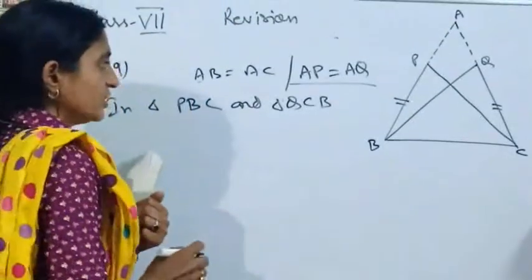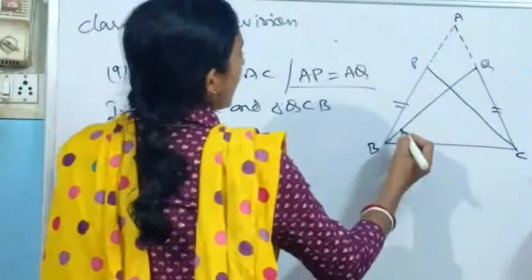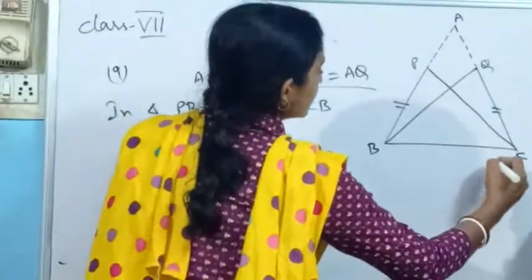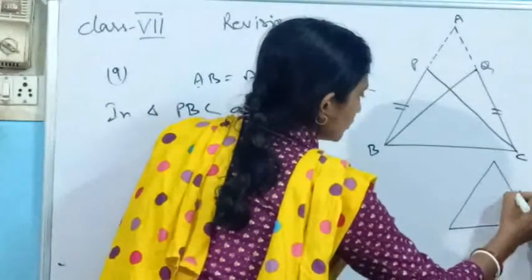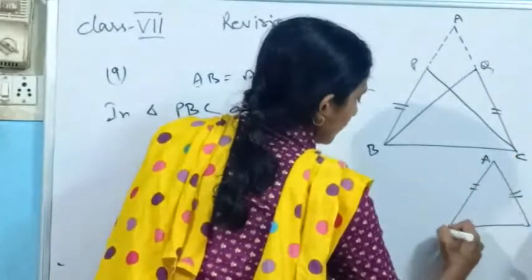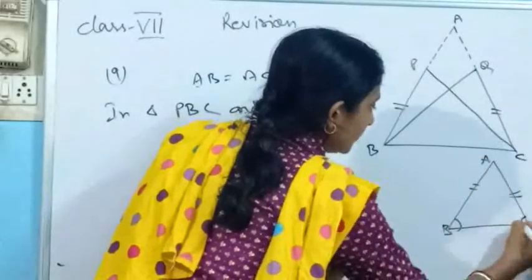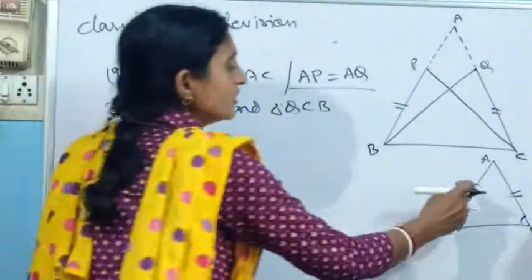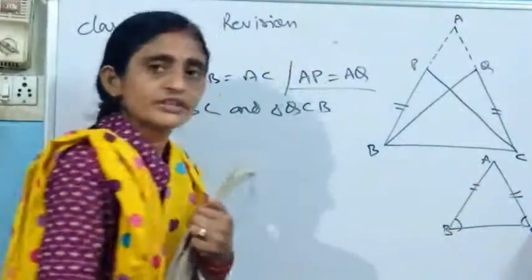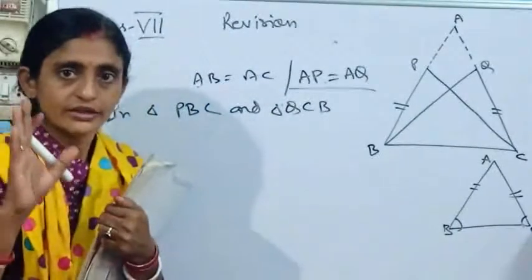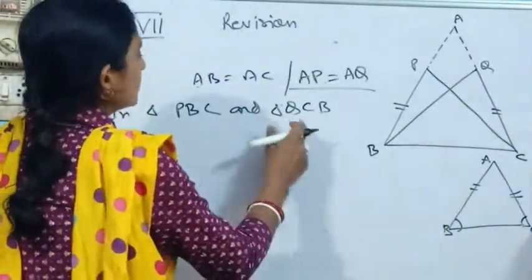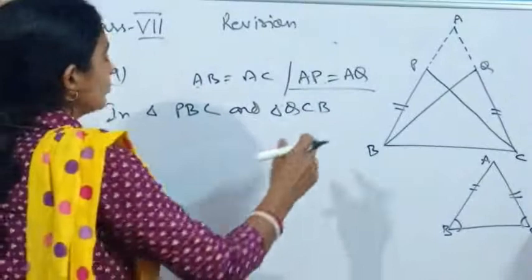Yes, one thing we have. Then the angle, as ABC was an isosceles triangle, these two were equal from ABC. So definitely angle B and angle C are equal, because these are the opposite angles to the equal sides. So definitely angle B and angle C will be equal by that. Yes or no?